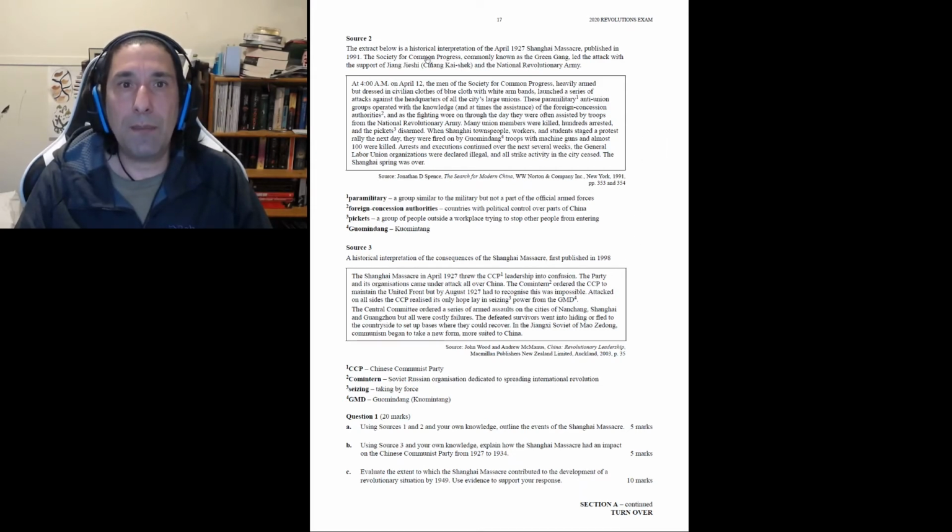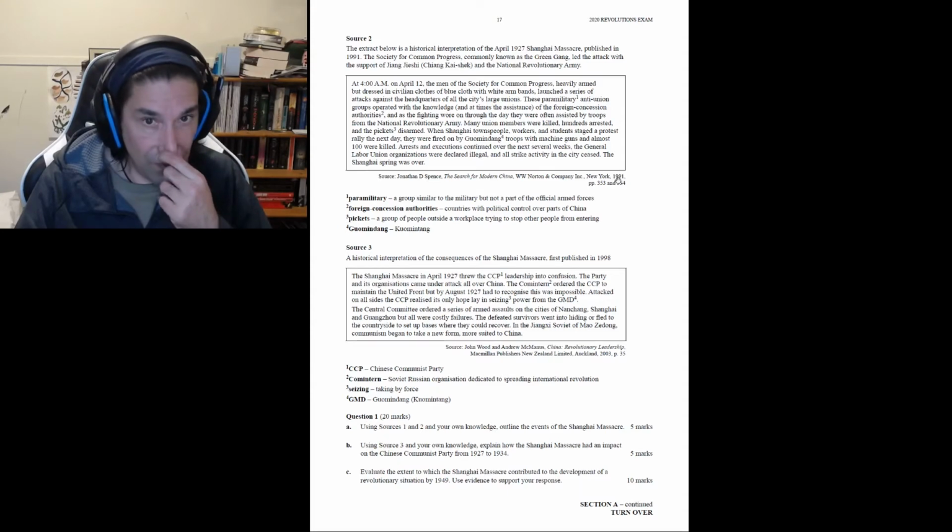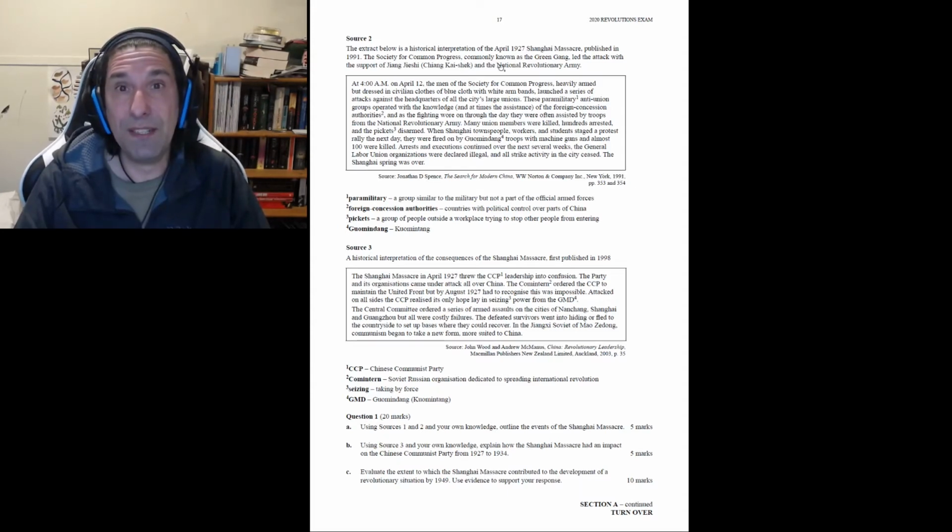And it's up here as well. The extract below is a historical interpretation of the April 1927 Shanghai Massacre. I think this information has been put up here just in case students get confused with the date, for example, 1991. You think, this occurred in 1991. Most students wouldn't, but under the pressure of the exam, you might get confused. So anyway, this is great to see.